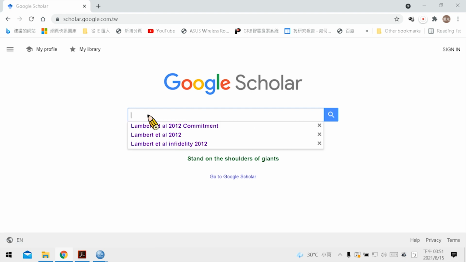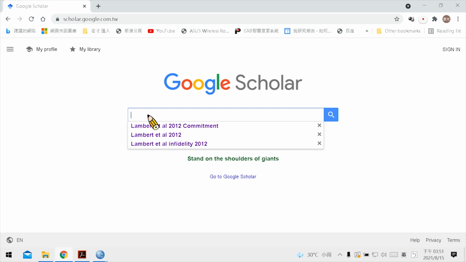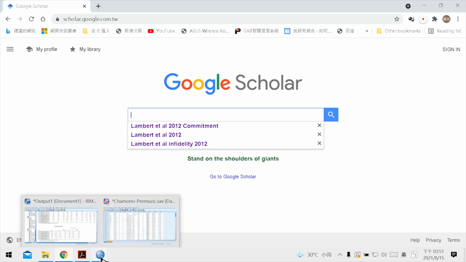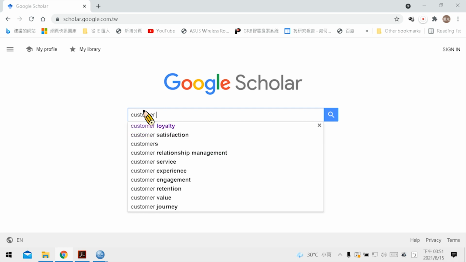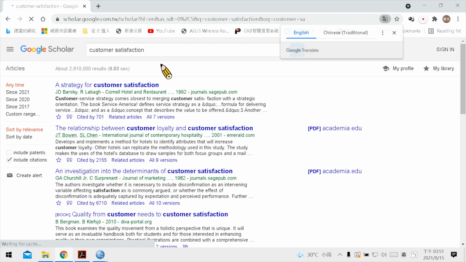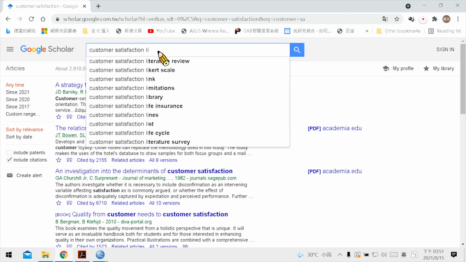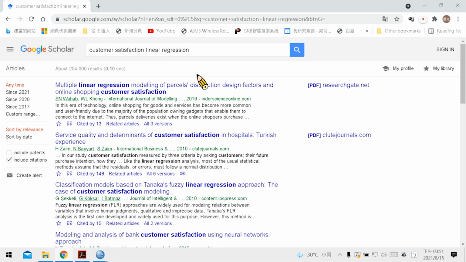And we can find some, like, customer certification, and we have the linear regression. We can find some sample like this one.